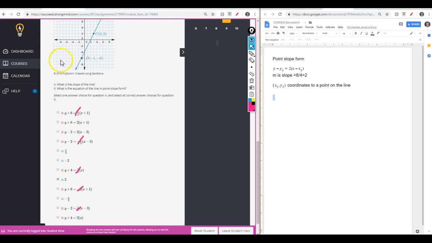Okay, so now the next question is what are all the points that I can identify on the graph? Well, we have point D. It is at -1, -6. We have a y-intercept that I can see, which is located at 0, -4. That's the y-intercept. And we have point C, which is located at 3, 2. So we can see these clearly.